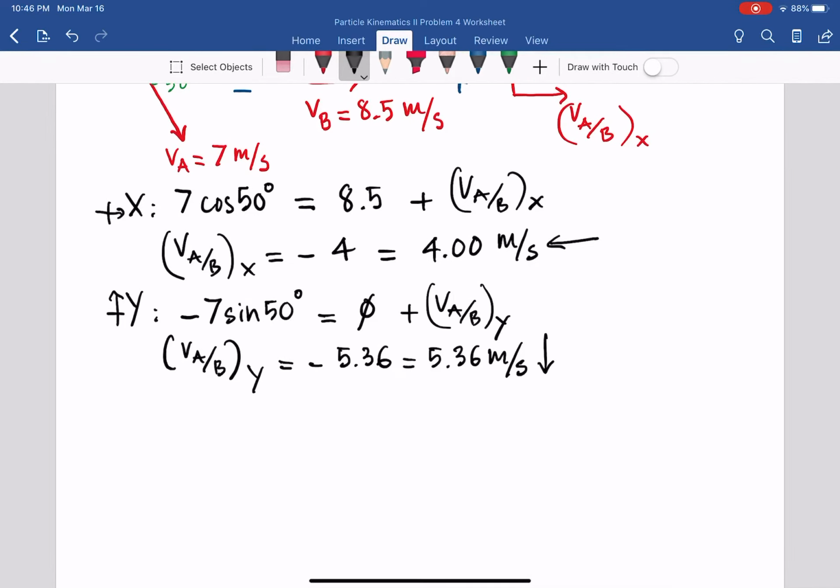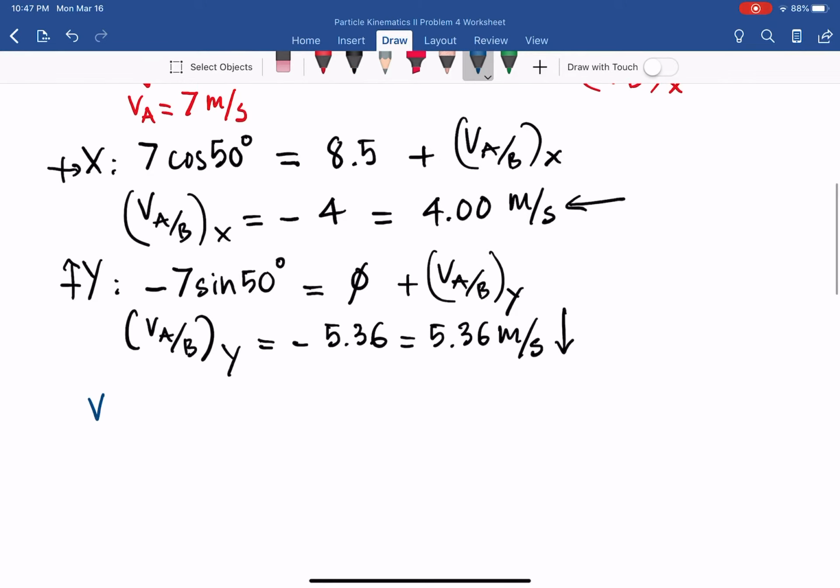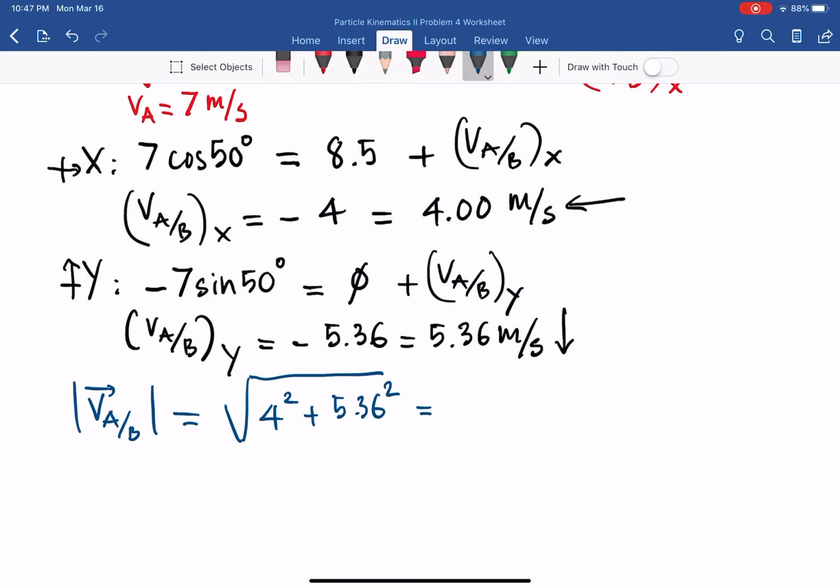And now we want to know the magnitude and then the direction of the relative velocity of A with respect to B, very similar to what we did in the first three problems. So the magnitude of A relative to B is equal to the square root of 4 squared plus 5.36 squared, and that equals 6.69 meters per second. So that is the first answer, the magnitude.